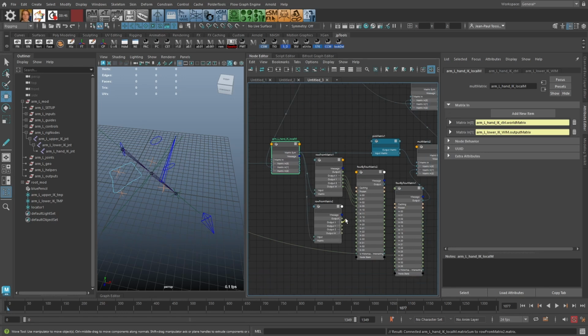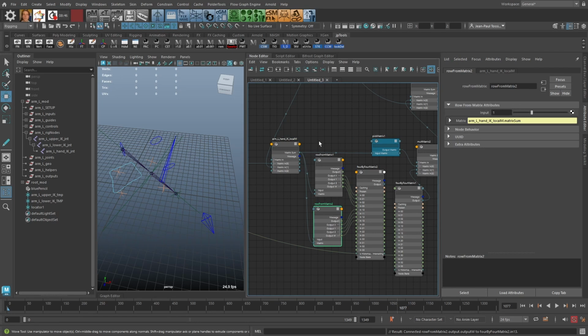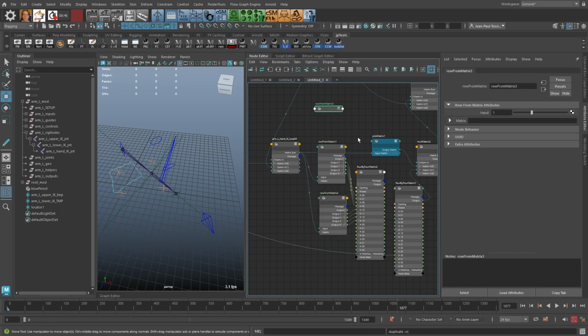And we take the outputs of this one, plug it into the y basis vector plugs, and of course we have to set this to the second row. Then we take another node, plug in the matrix and set it to the second input, so the third row, which is the basis vector z, and we plug it into the basis vector z values.